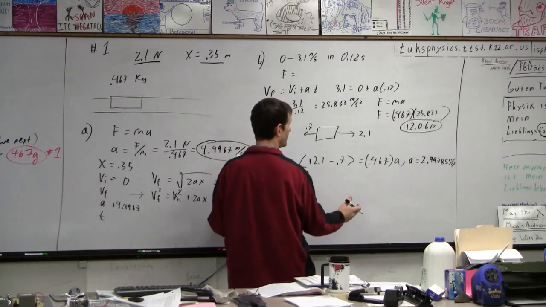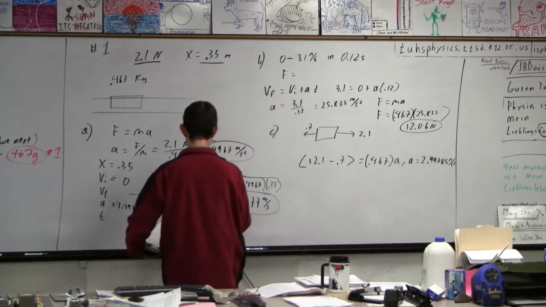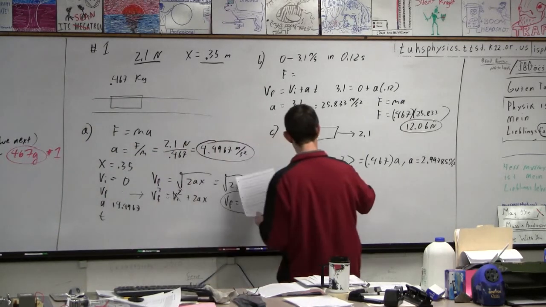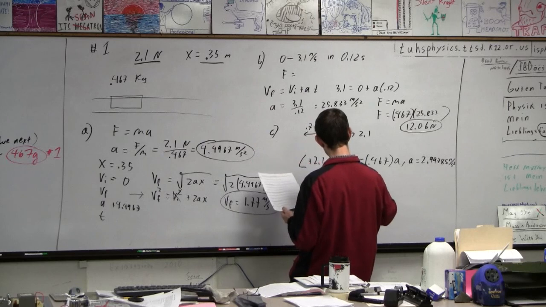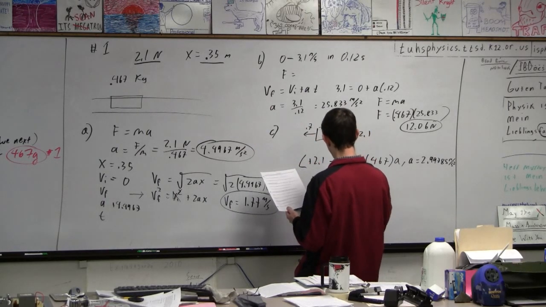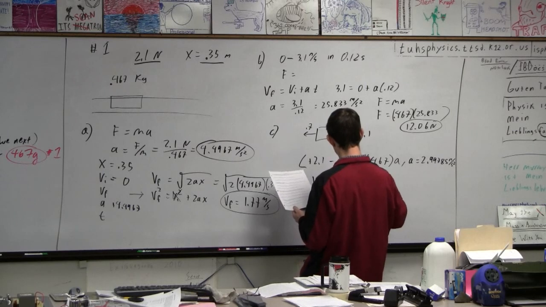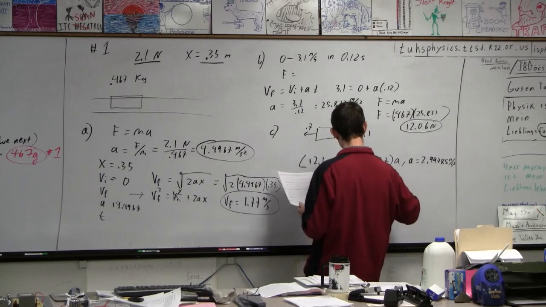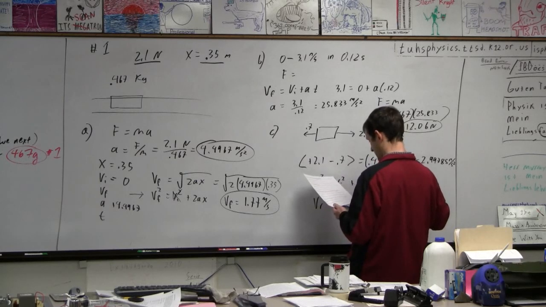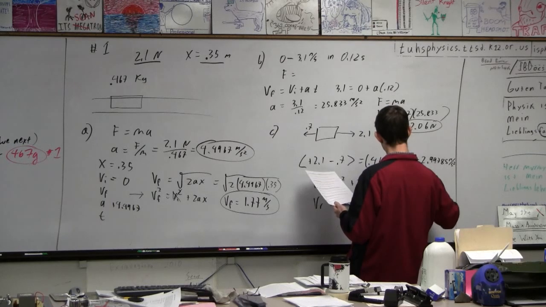And then we want to find the final velocity. The way we did it here was the square root of 2ax, using vf squared. So the final velocity squared is 0 squared plus 2 times 2.99785 times 0.35.